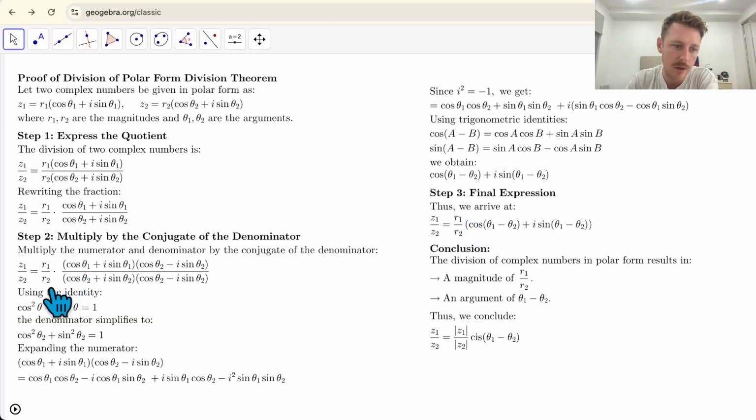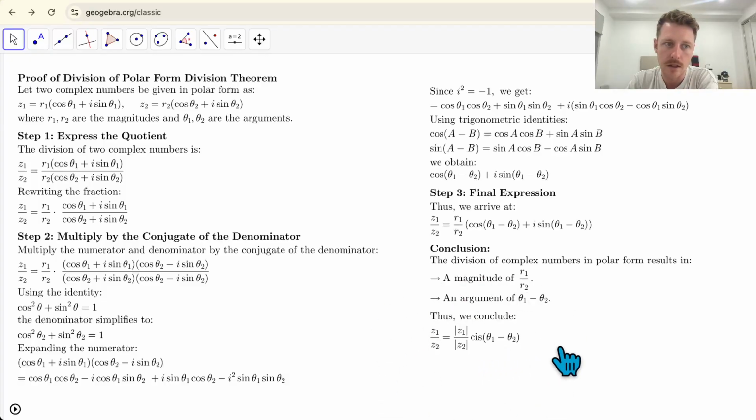And then don't forget we had the R1 over R2 out the front. So you have that, and this is R1 on R2 cis of theta 1 minus theta 2. Remember, Z1 divided by Z2 is the modulus of Z1, which is just that R value, over the modulus of Z2, which is just R2, the magnitude of that.